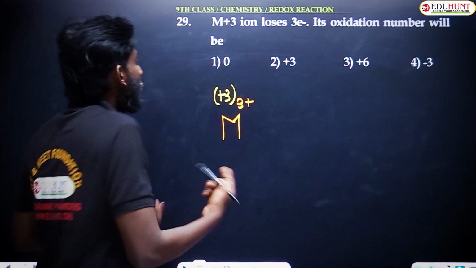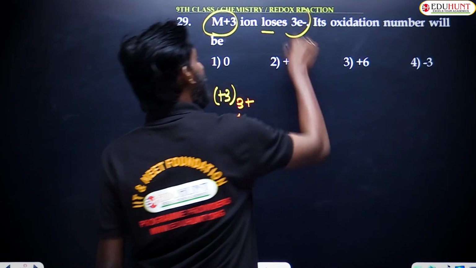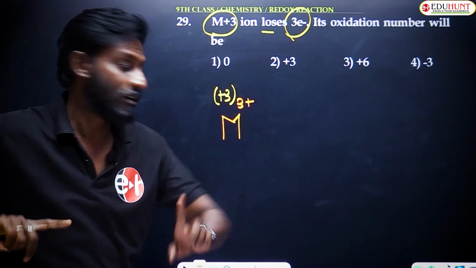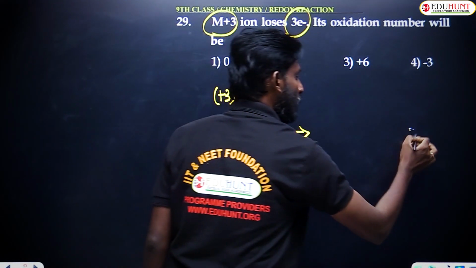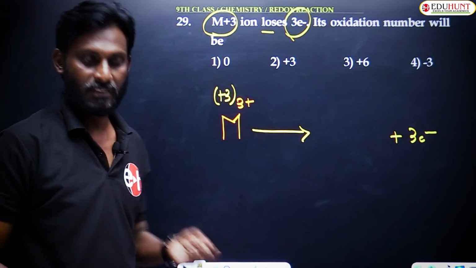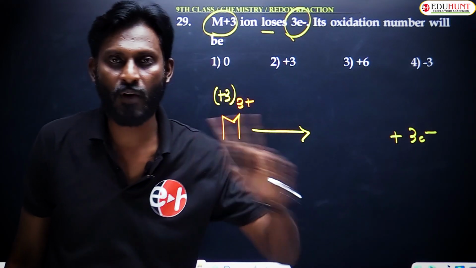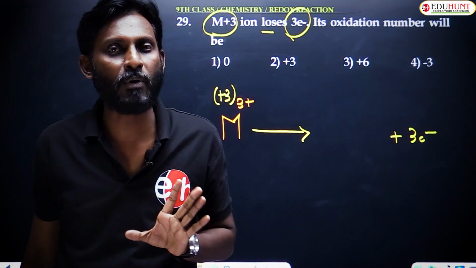Now the question is saying that the M3 plus ion loses 3 electrons more. Now it is losing 3 more electrons. If an atom loses 1 electron, it acquires 1 unit positive charge.